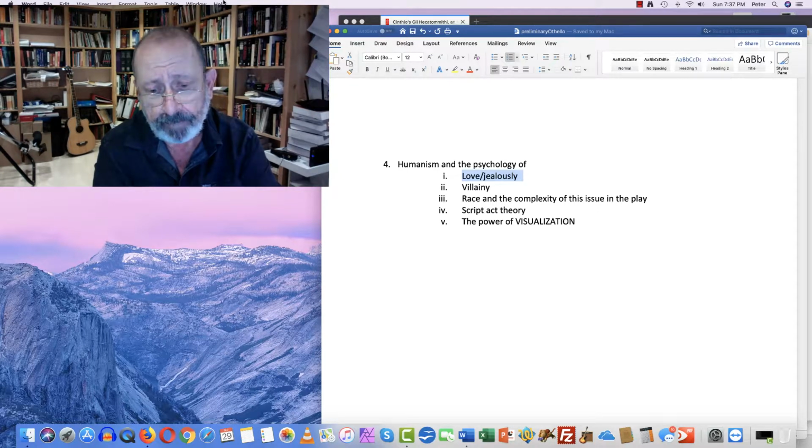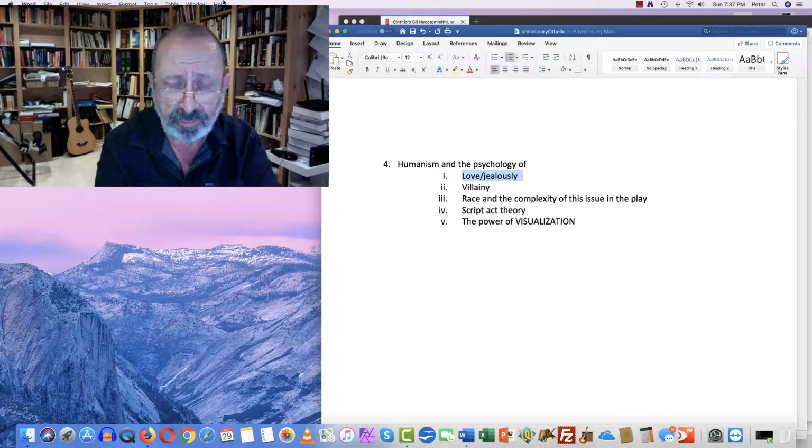Emilia says that she fears that her husband, like other husbands, have, quote unquote, poured their treasures into foreign laps, meaning that their husbands have been ejaculating their semen into other women, and that adultery seems to be the nature of human beings.